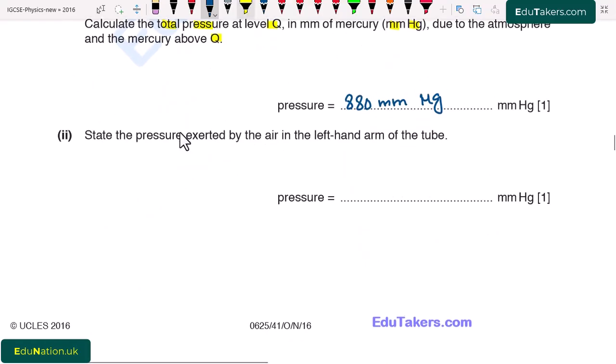Next, part 2. State the pressure exerted by the air in the left hand arm of the tube. So here we have to find out the value of pressure on the left hand arm of the tube.